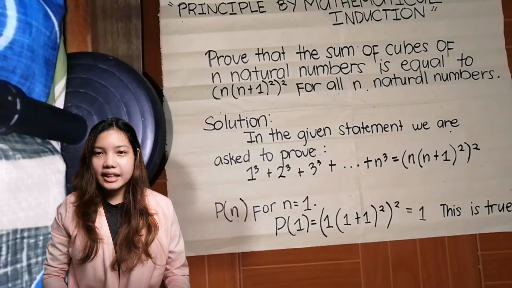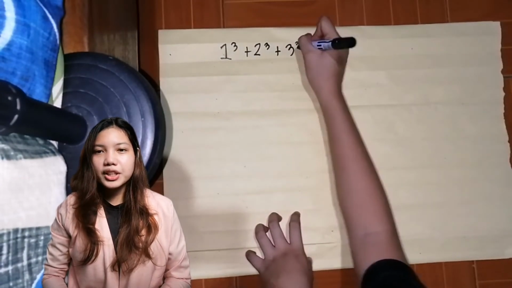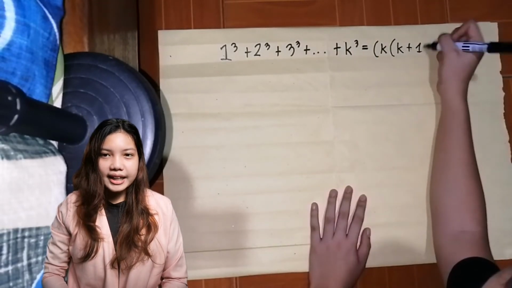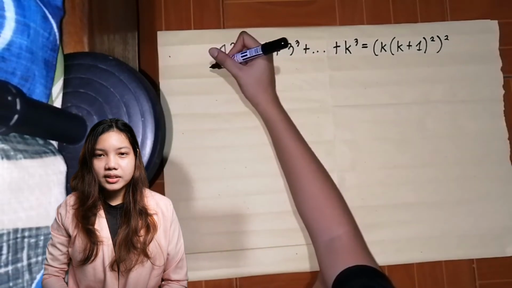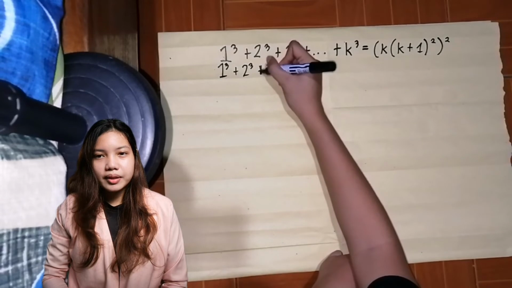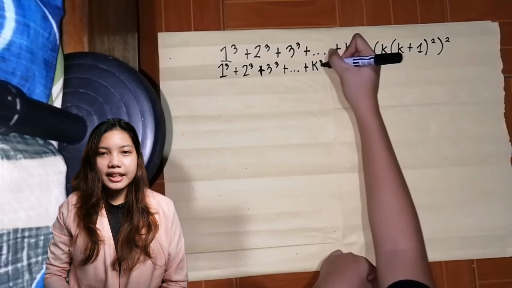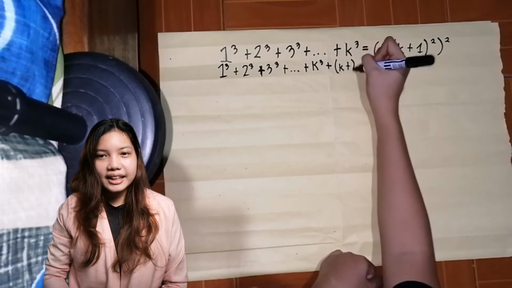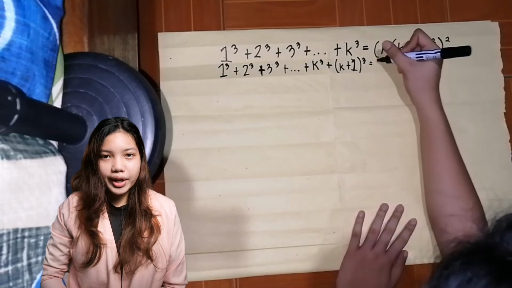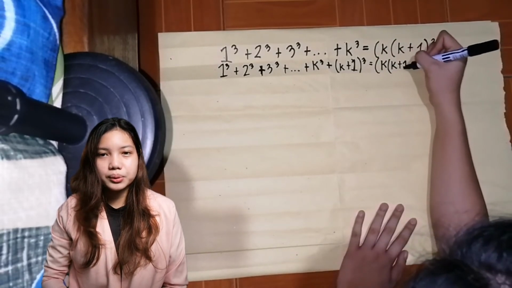Now, as the given statement is true for n equals 1, we shall move forward and try proving this for n equals k. So, 1 cube plus 2 cube plus 3 cube up to the k cube equals (k(k plus 1)/2) squared. Let us now try to establish that k plus 1 is also true.